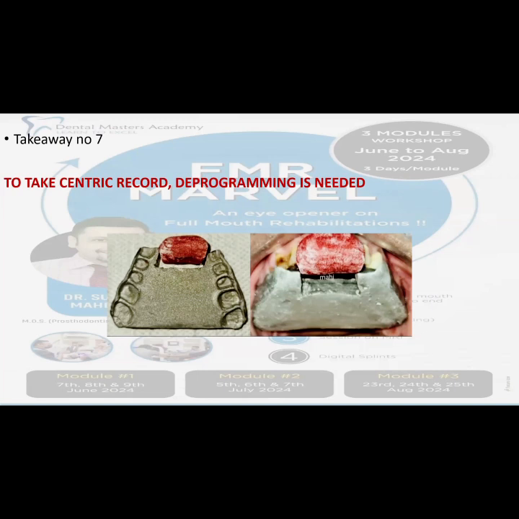So to relax the lateral pterygoid, I need to do deprogramming inside the oral cavity. Deprogramming is nothing but taking the posterior teeth away from each other. As long as the posterior teeth are not touching, you have a space in the posterior. And as long as you maintain that space without any contact, the lateral pterygoid is relaxed. The brain sends signals to the lateral pterygoid that you can relax.